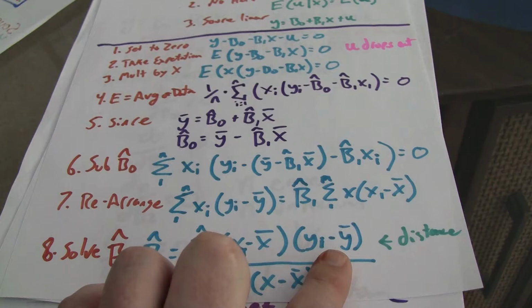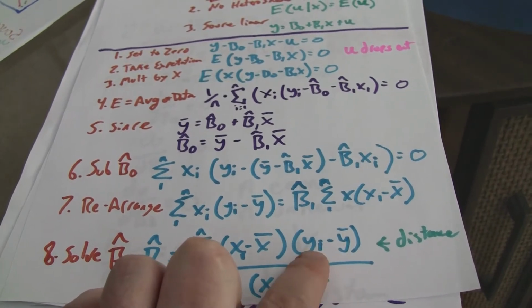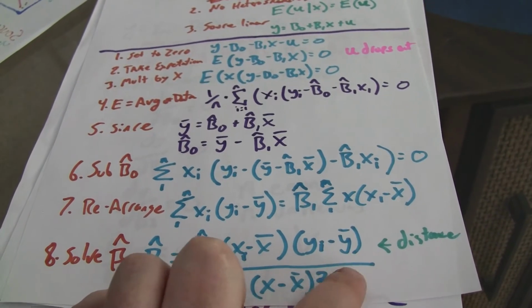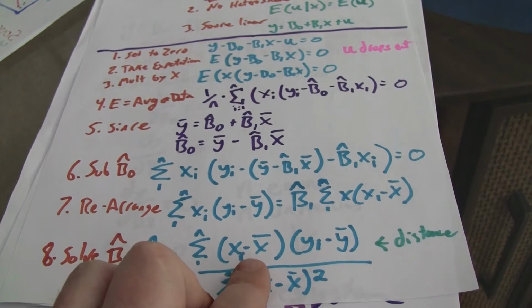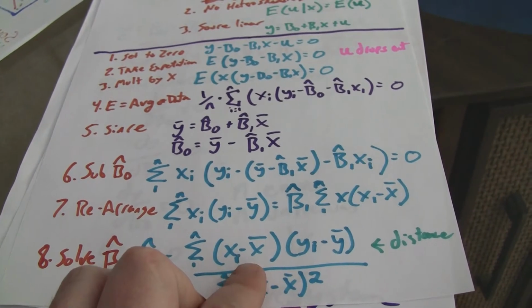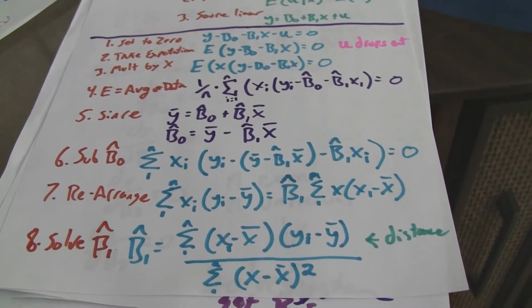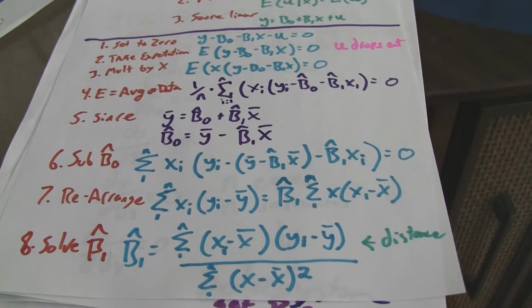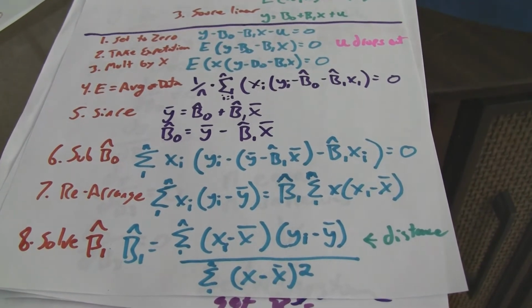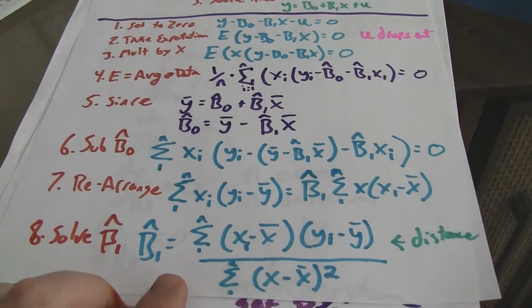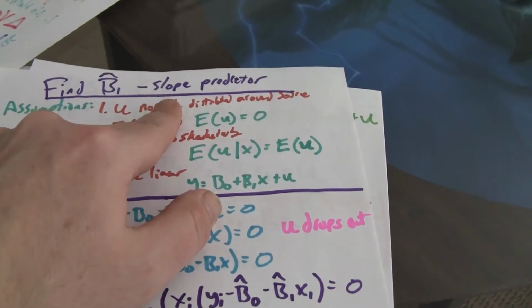I just want to point out that this is a distance, right? The difference between an observation and the average is a distance, and this is a distance between the observations of x and the average value of x. And then this beta 1 hat is what we're looking for. It's the slope of our predictor line.